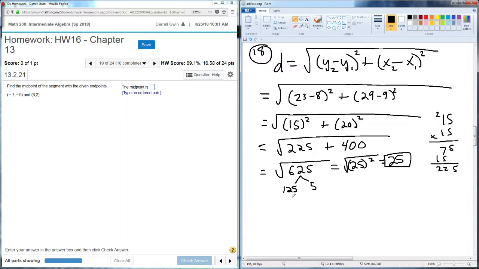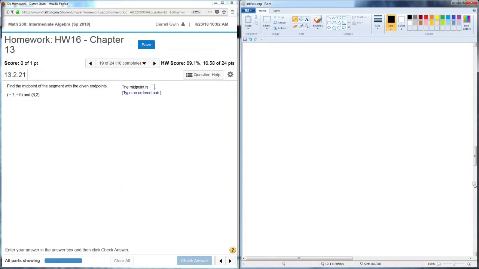You do long division. 125 is divisible by 5 again. Let's write that 5 right there. And it's 5 times 25. And that's 5 times 5. And we have one group of 5s, two groups of 5s. So that should equal 5 times 5, because square root 25 is 5, square root 25 is 5, and 5 times 5 equals 25. That's how you would do it if you didn't know. If it came out to a weird number, you'd prime factorize it and take out pairs. And the pairs multiply together.